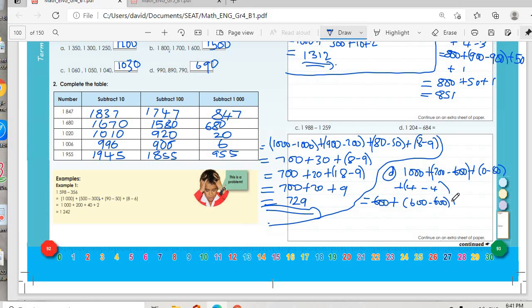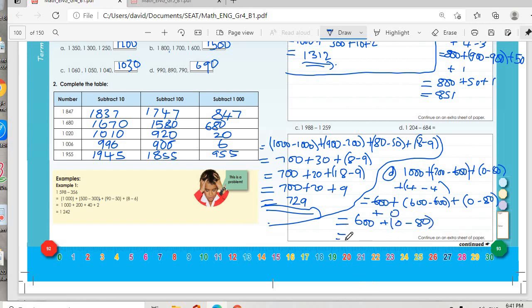Okay. Then plus 0 minus 80. Plus what? 4 minus 4 is 0. Then we are going to have 600. Okay. Plus what? 0 minus what? 80.